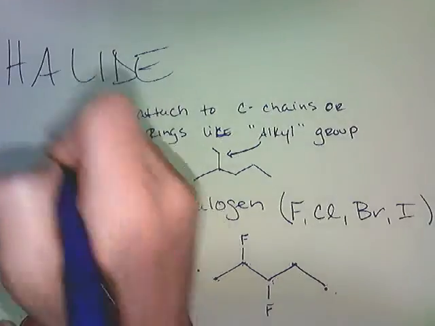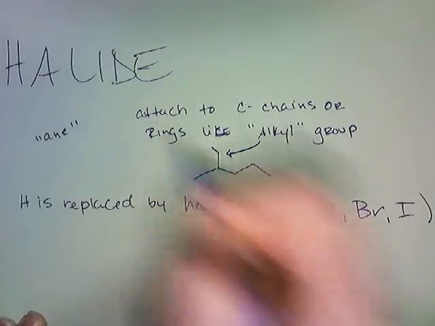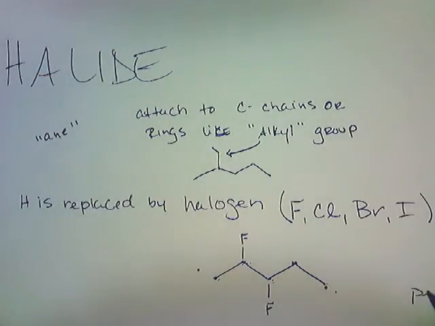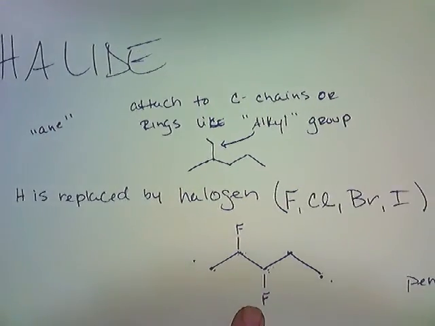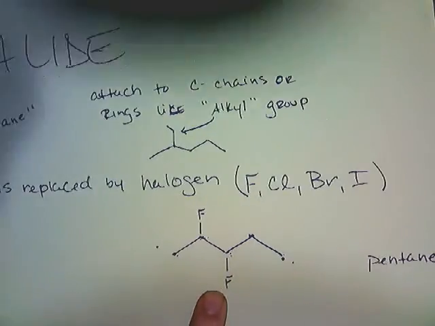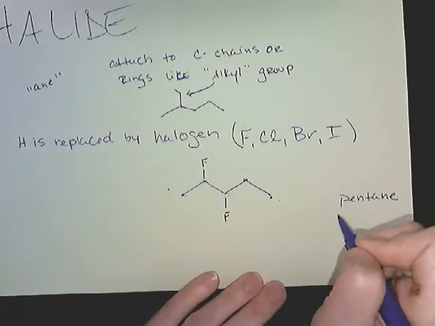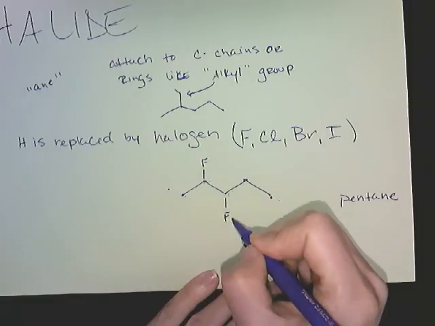It ends in ane. So we'd have pentane. We have 2 groups, so we indicate that by the prefix di. So we have di and then fluoro.